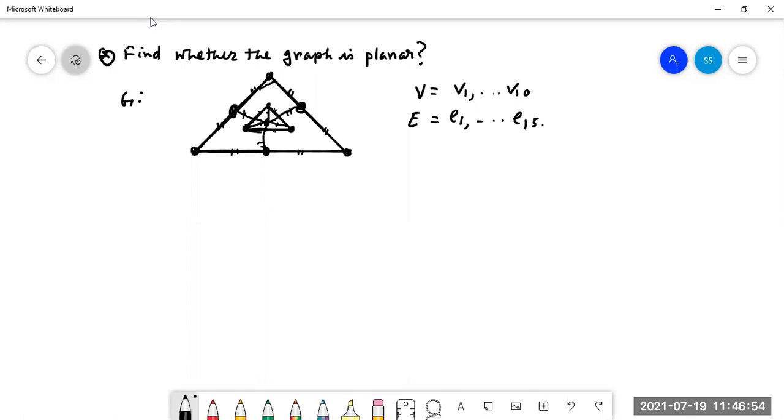If we give names to the vertices, this is V1, this is V2, V3, this one is V4, this one is V5, this one is V6, and then it is V7, V8, V9, and this one is V10, right?